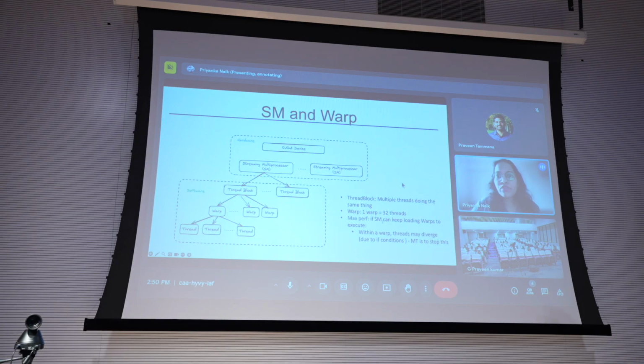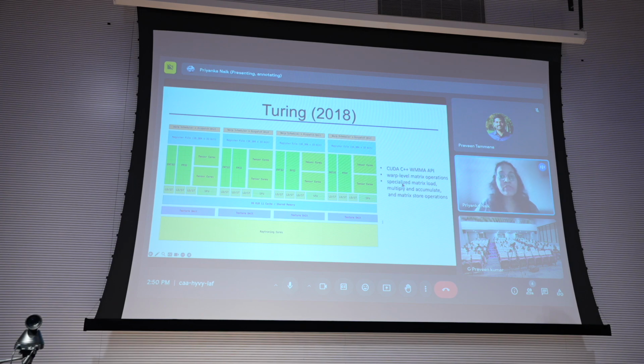So this is good for us from a hardware perspective, as we want to move away from graphics processing. And when we started using these GPUs not just for graphics, but for other computations, especially AI workloads, there was a need to introduce some APIs for the most common operation in AI, that is, matrix operations. So there were APIs exposed by CUDA to do operations which were optimized to load, accumulate, and store for these matrices.